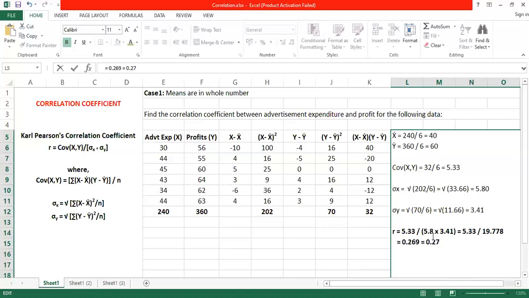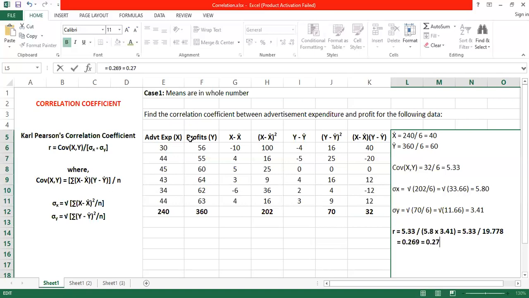Secondly, if it exists, what is the nature? Now see, the sign of R is positive, right? We have received a positive value. That means these two variables are positively related.